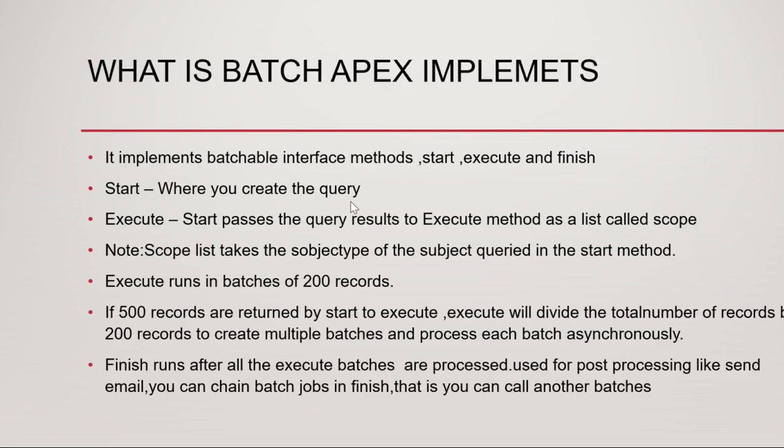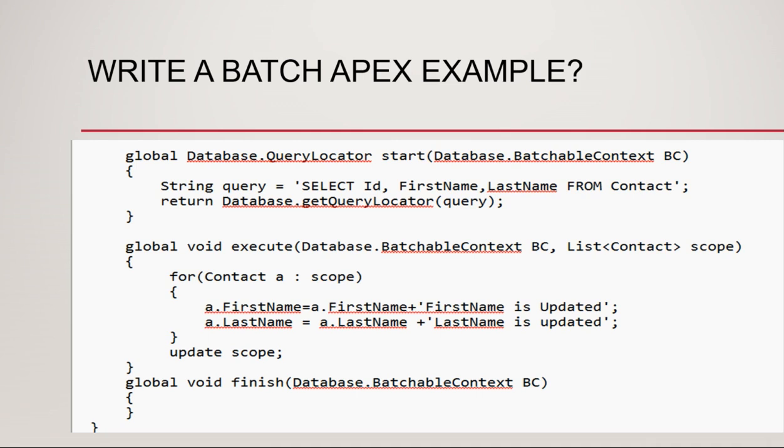So first it implements the Batchable interface and has three methods. What is start used for? Start is where you create the query. What is the execute method? The execute method is the method which breaks up the records into batches. Whatever query the start method creates, it passes the query result to the execute method in a list called scope.